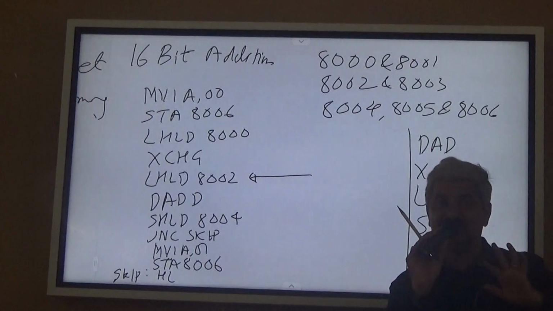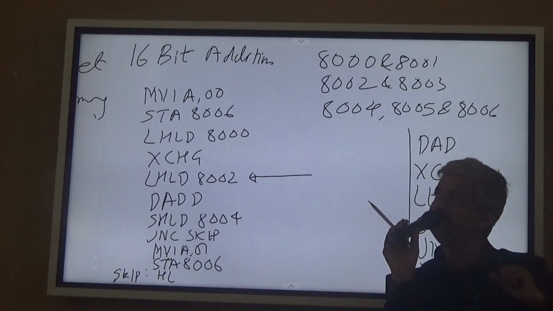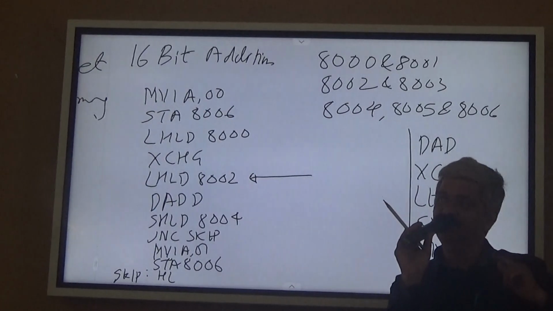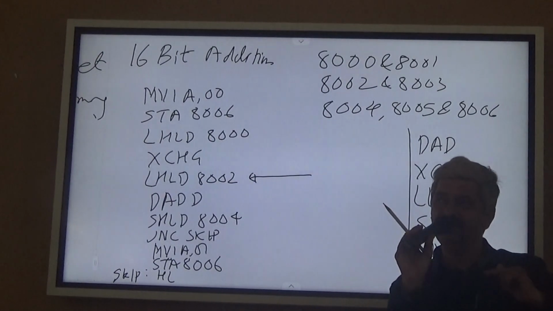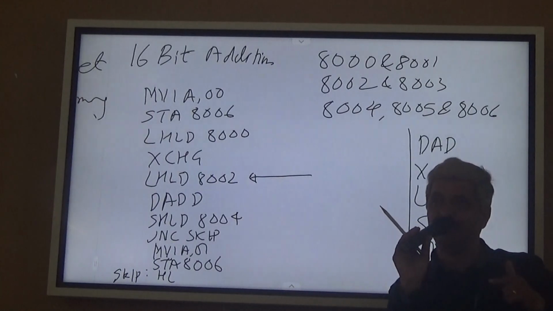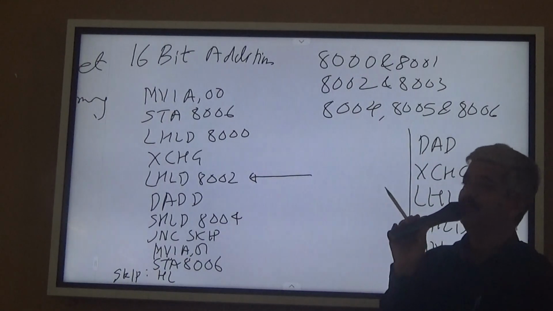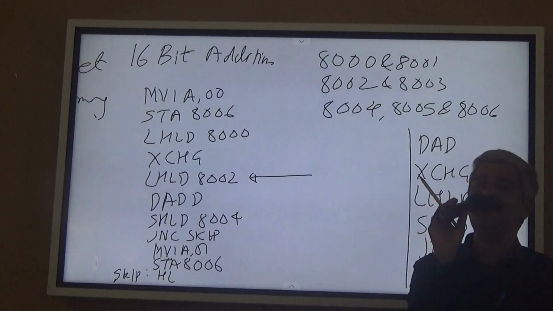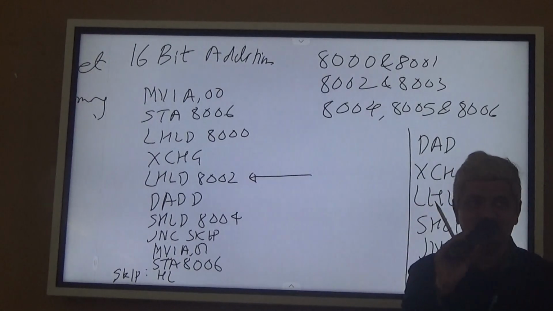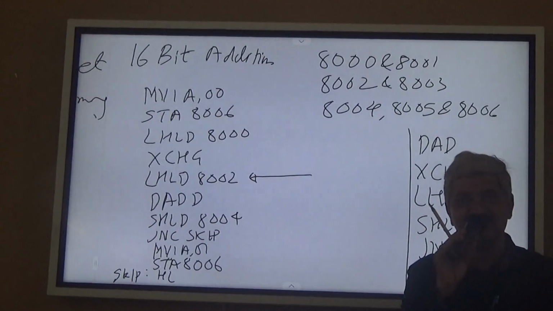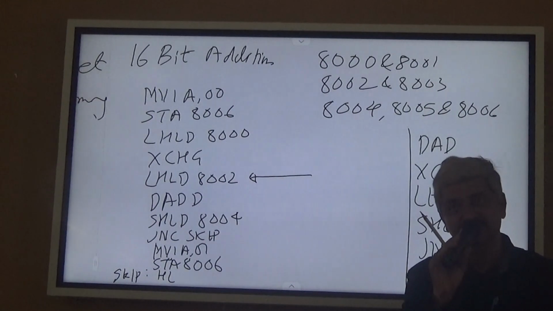Exchange means moving HL to D, that's what I want, and I am using the exchange instruction. So listen very carefully. If my requirement is only moving HL to D, can the exchange instruction be used or not?